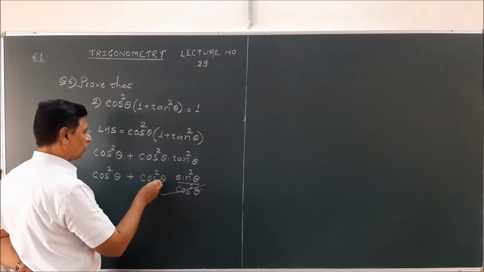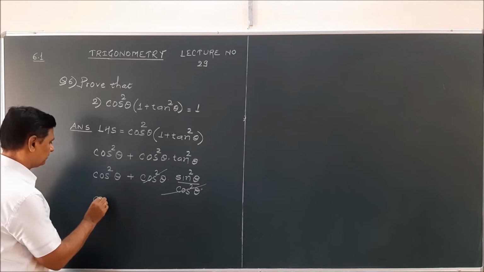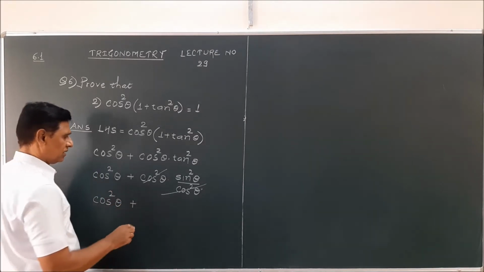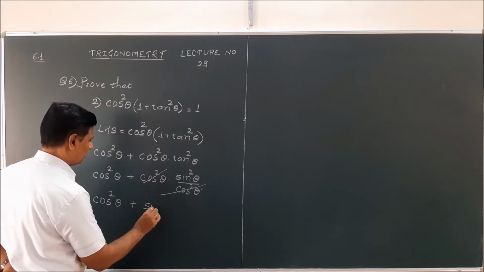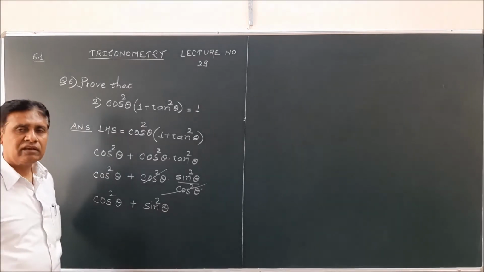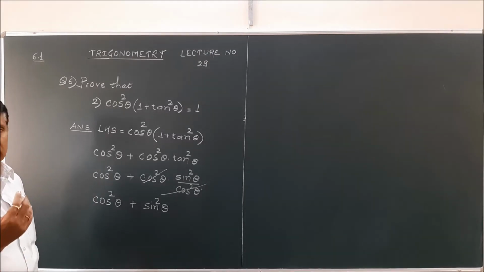So cos square theta cancels, and we are left with cos square theta plus sin square theta. Since you all know the basic identity, or I would say first identity, sin square theta plus cos square theta is always 1.